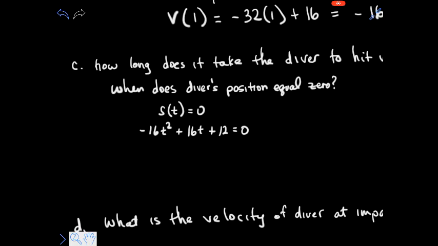Now we have a couple different ways that we can solve a quadratic equation, because that's what this is. It's a quadratic equation. We can try factoring to see if that works. I'm going to factor out a negative 4. That's going to give me 4t squared minus 4t minus 3.